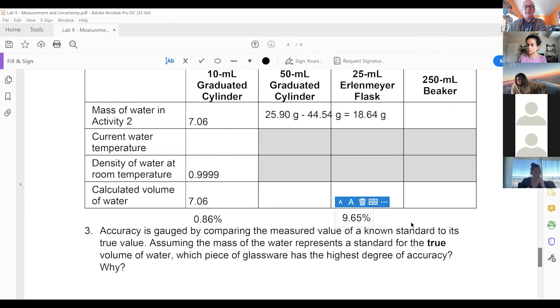So you can see that the error in measuring volume with the flask is over 10 times greater than it is measuring it with the cylinder. So you can see why we use the cylinder for measuring volume and we don't use the flask. And I can imagine that for the 250 mil beaker, the error is going to be even greater.